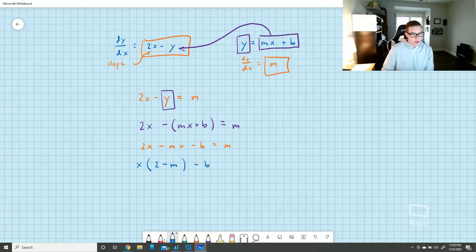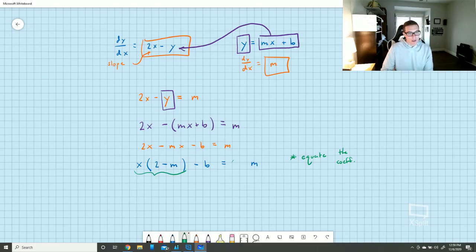minus b equals m. All right, so here's the thing I ask about in the discussion. We've done this before, kinda. This is that thing I call equate the coefficients. So if you notice, on the left, we have an x term. On the right, we don't really have an x term.